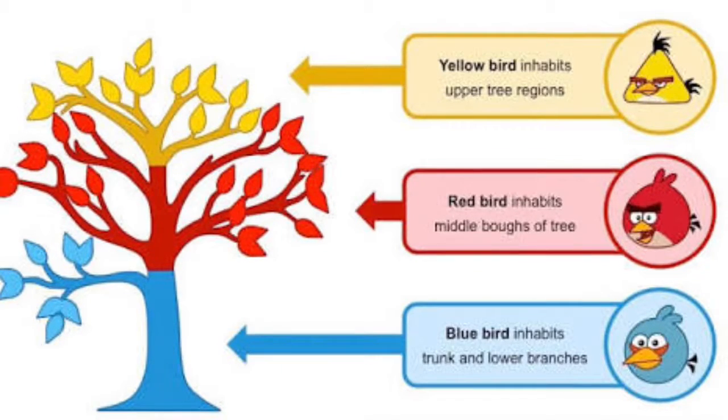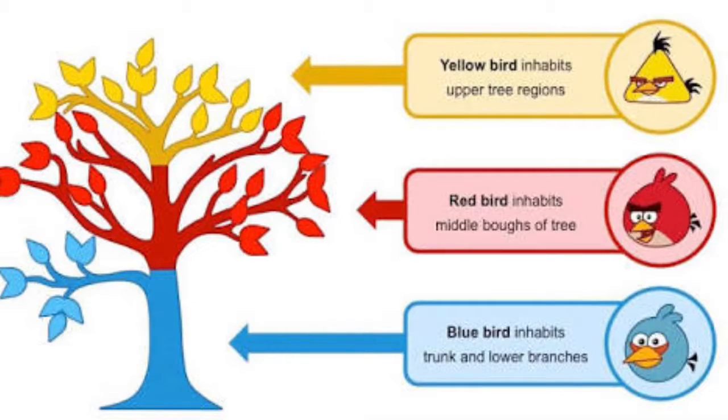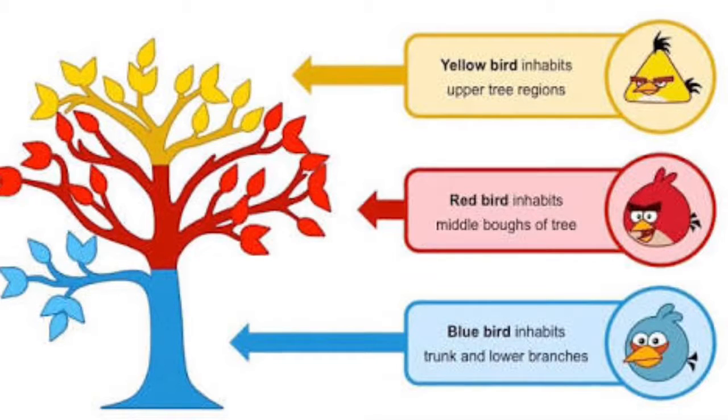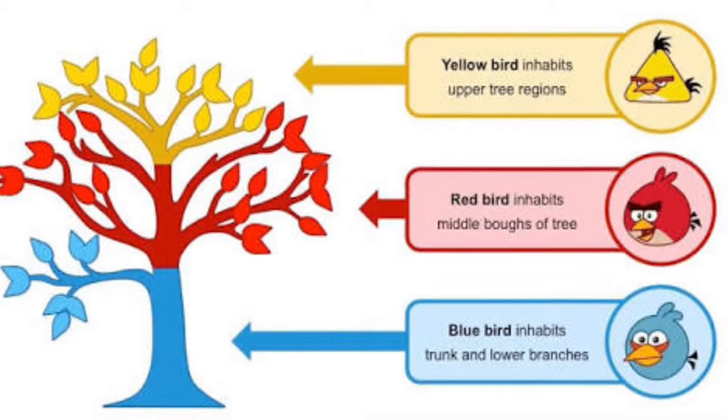And also, we see the competitive exclusion principle, which states that no two species can occupy exactly the same niche in exactly the same habitat at exactly the same time. Instead of competing for similar resources, species usually divide them.